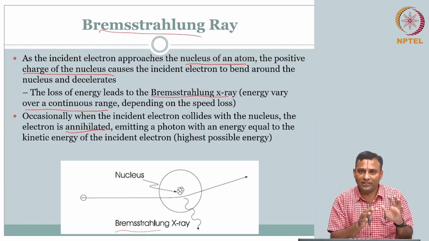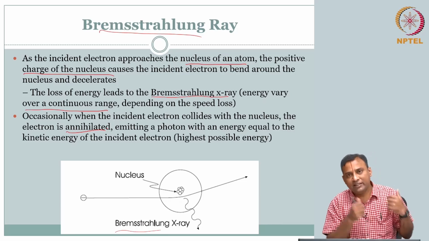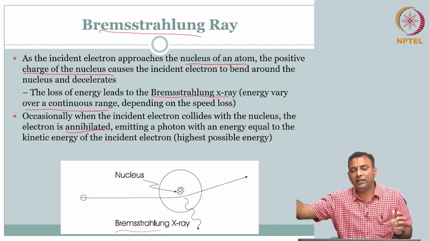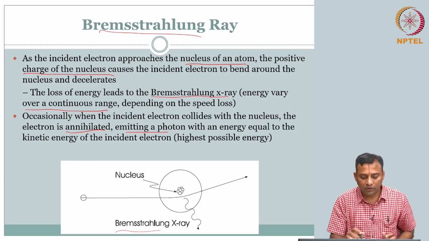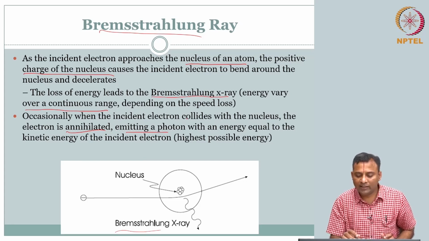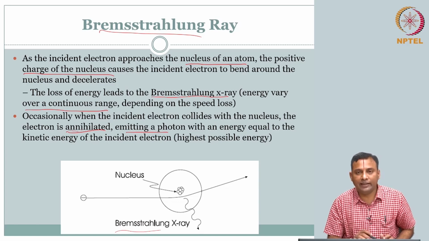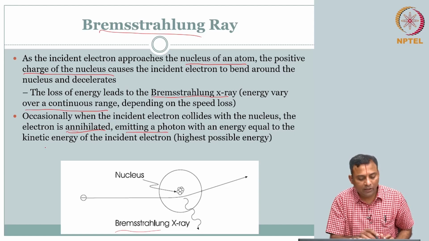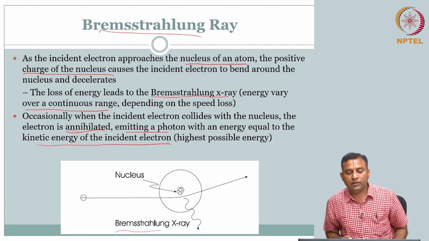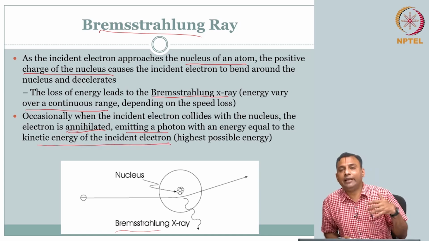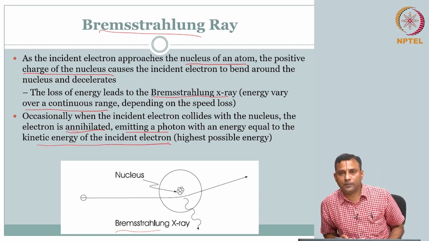So all the energy that you carried forward has to be released, emitting a photon. So occasionally when the incident electron collides with the nucleus, the electron is annihilated. In the process, it emits a photon with an energy equal to the kinetic energy of the incident electron. So this could be the highest possible energy that can come out, clear.